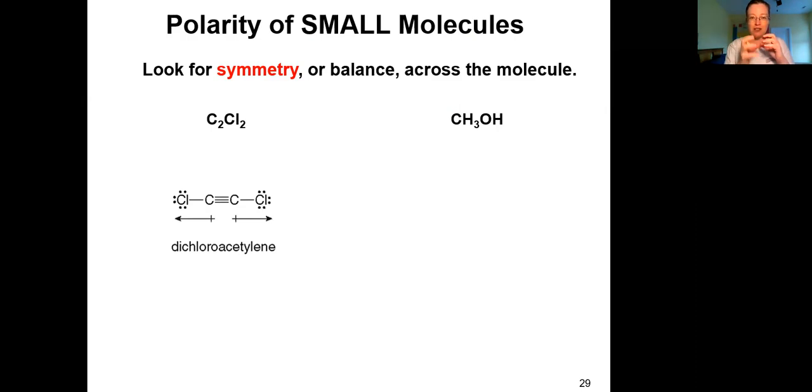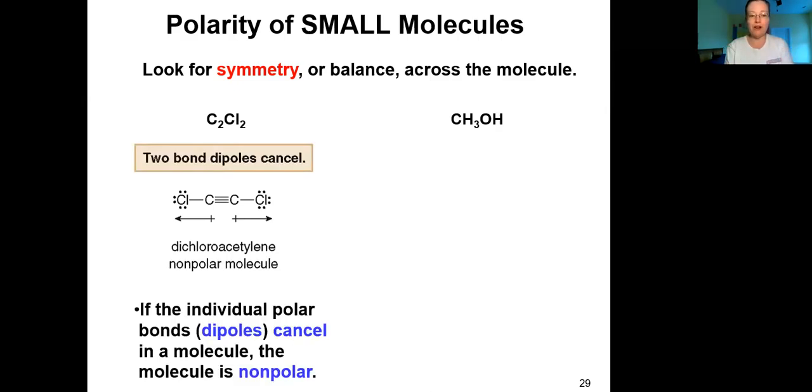The electrons in the carbon-chlorine bond are being pulled towards the chlorine atom, both on the left and an equal amount on the right. We say then that the dipoles cancel. When they are in equal but opposite directions, they will cancel each other out. And remember, a dipole is just another way of saying a polar bond.